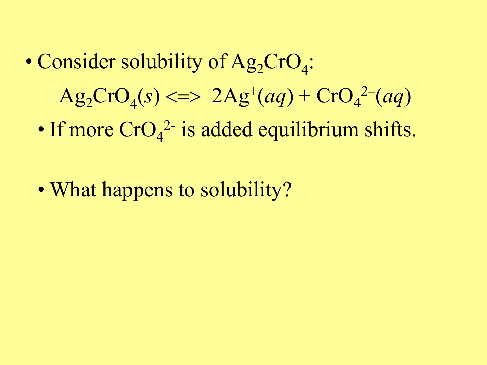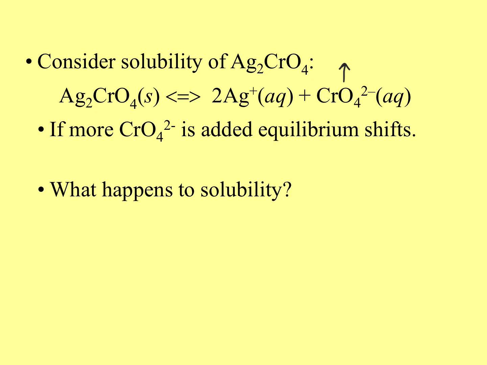Let's consider silver chromate, Ag2CrO4, being dissolved in water to become silver and chromate. If you add more of the chromate ion, this part would increase. What happens to the equilibrium?